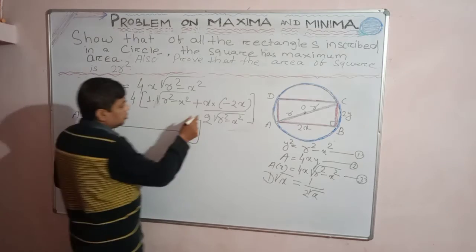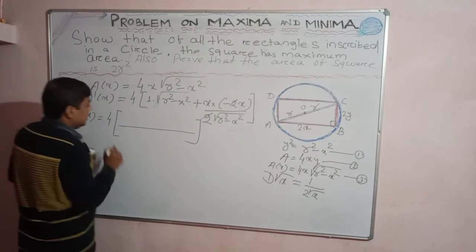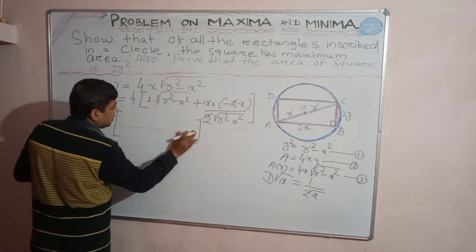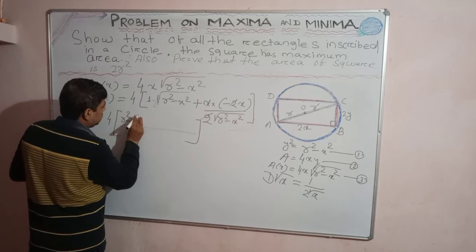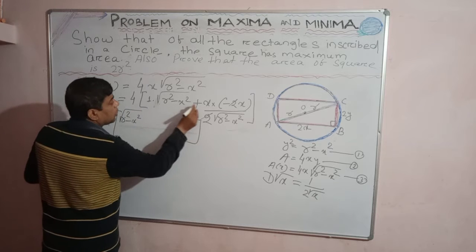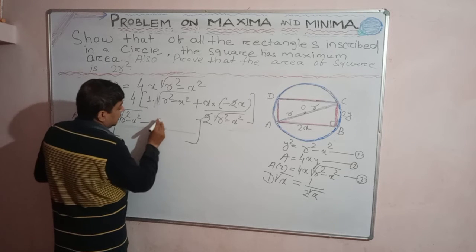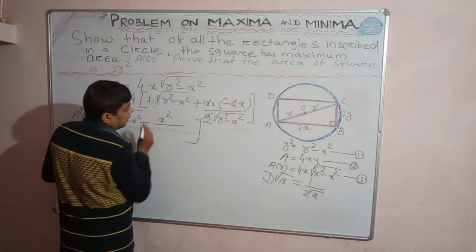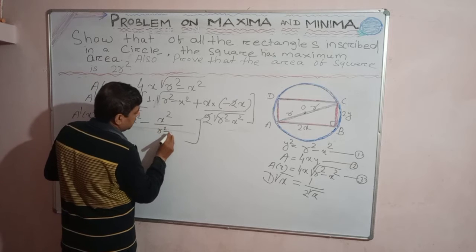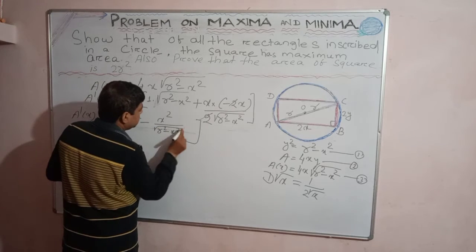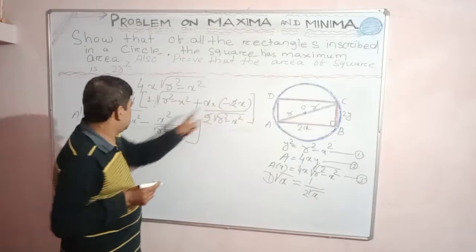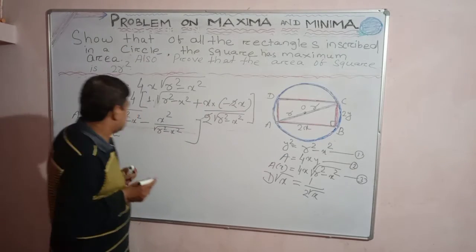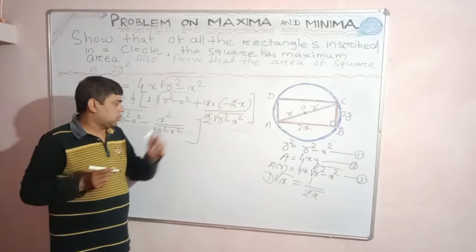You see, 2 can be cancelled, and look here, once again write down the square root of r square minus x square, plus minus x square divided by the square root of r square minus x square. Is it clear? So plus, and minus x multiplied by x is minus x square, divided by the square root of r square minus x square.